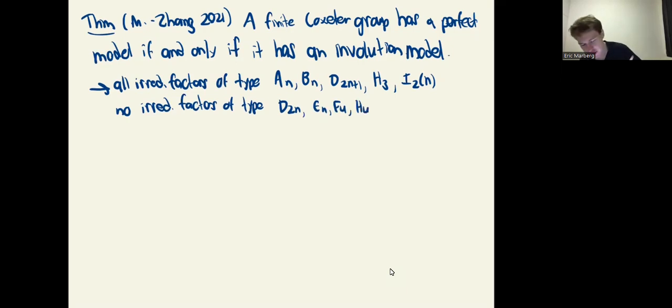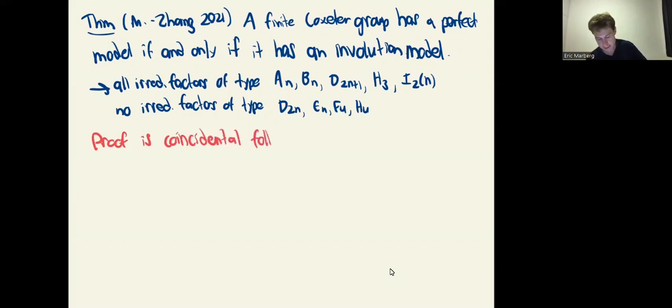Okay, so this is a good reason to think of a perfect model as a Hecke algebra version of an involution model, but this is maybe slightly misleading. Actually our proof of this is just coincidental, following an explicit classification.